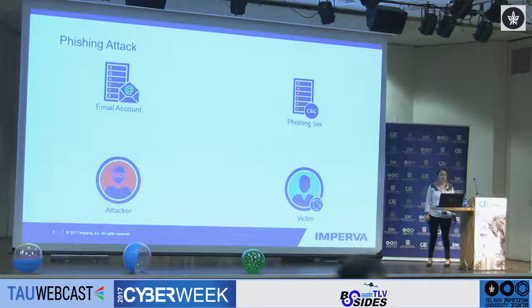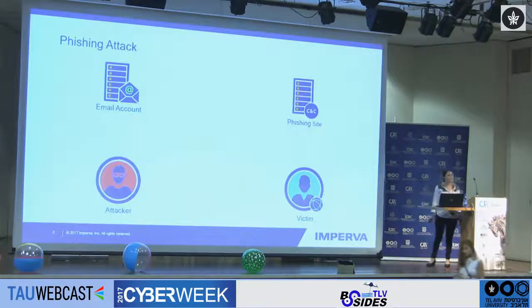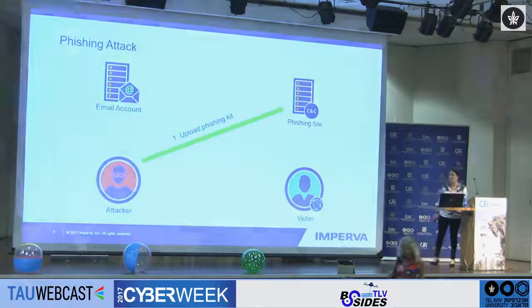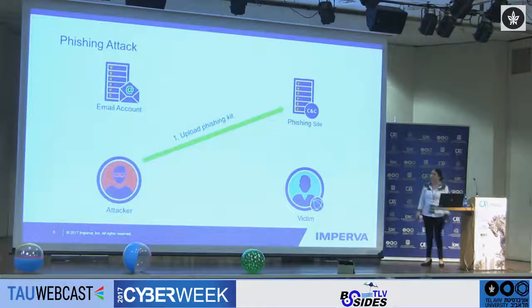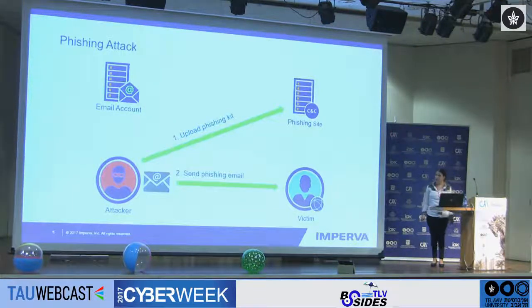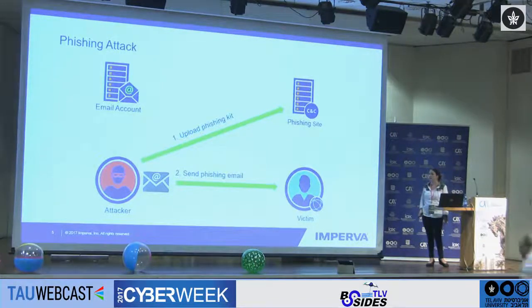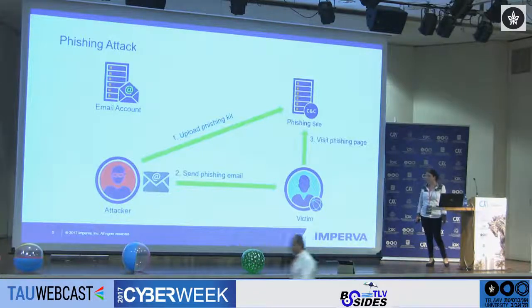The following flow demonstrates a standard phishing attack using a phishing kit. First of all, the attacker buys a compromised server and uploads the phishing kit to the server. Then he uses a spam service to send a burst of emails to the potential victims.